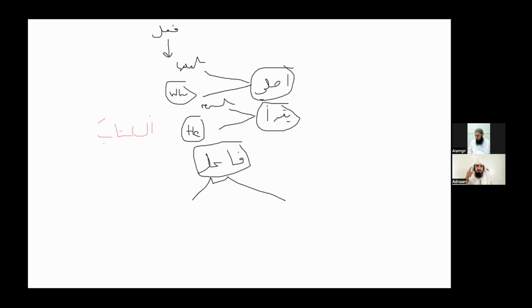Raf' refers to something having dhamma or its equivalent substitute. So you learn later on that dhamma could have substitutes. So for example, the word abuka, even though it's from Asma'ul Khamsa, Abu here would mean Abuka, your father.